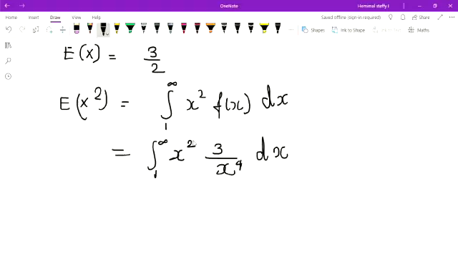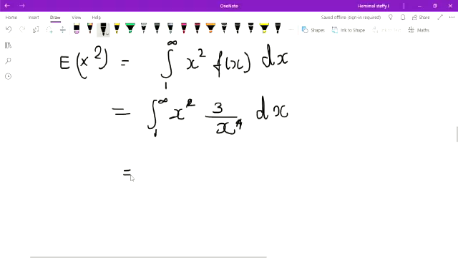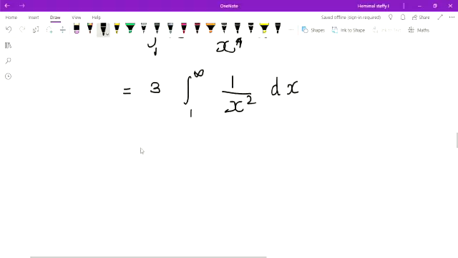X square and x power 4 are cancelled. We have 3, take it outside, integral from 1 to infinity. Here we have 1 by x square dx.